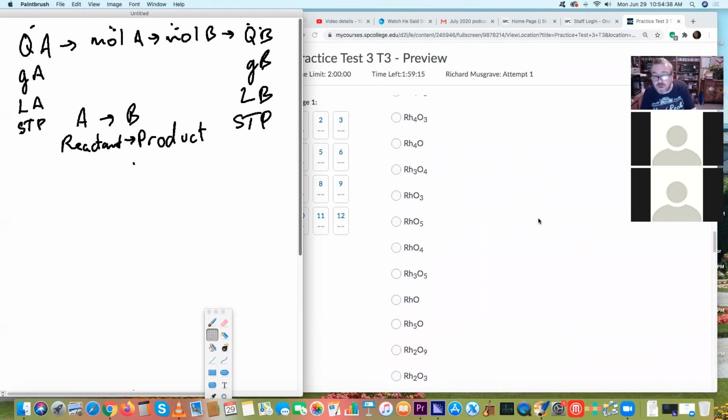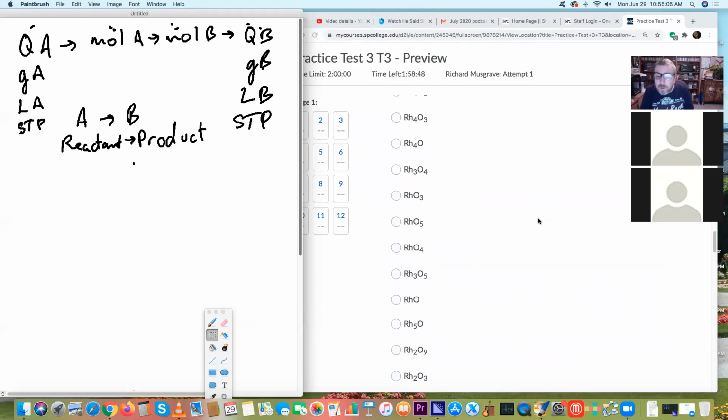Control... what kind of computer do you have, Anna? A PC or a Mac? I have a Mac. Okay, so you want to use Command plus to make it large, and then Command minus to make it smaller. Oh, okay, cool. Thank you.